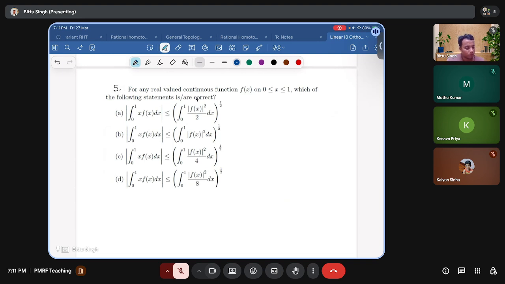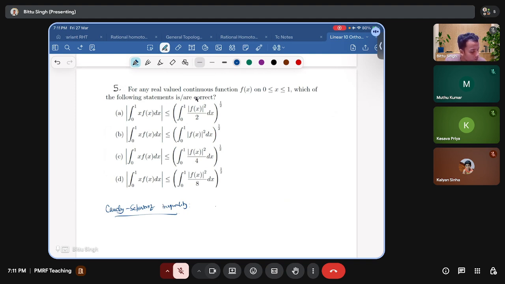In this case we'll use the Cauchy-Schwarz inequality. We already know the Cauchy-Schwarz inequality for an inner product space.